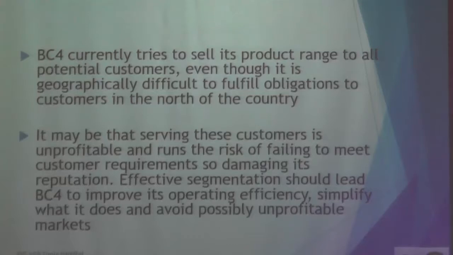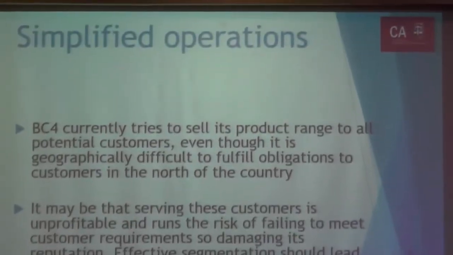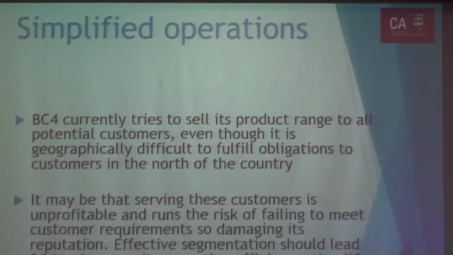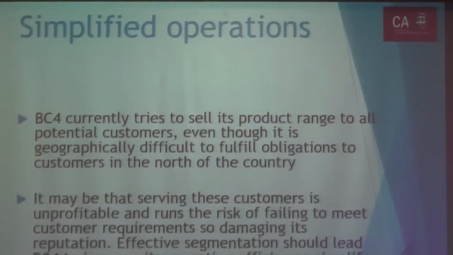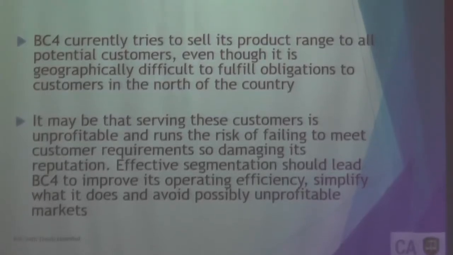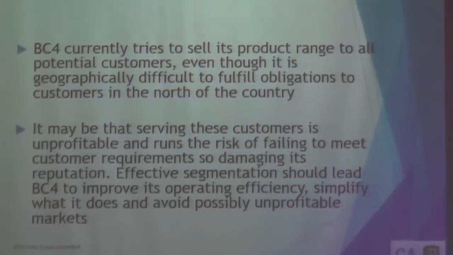Simplified operations. BC4 currently tries to sell its product to a range of potential customers, even though it's geographically difficult to fulfill the obligation. So then it's very cumbersome, no? It's a very tireless effort. You're trying to sell it to everyone when you know you can't sell it to the north. So it may be that serving these customers is unprofitable.